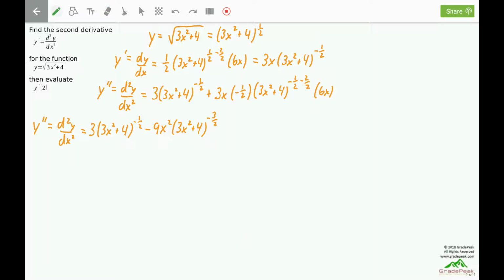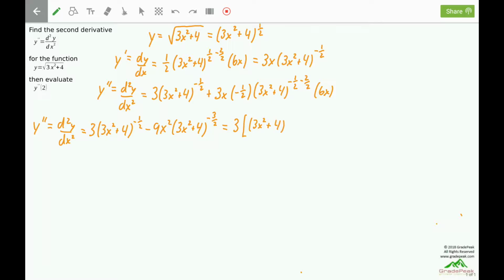Now one option here is to move those negative exponents to the denominator and then find a common denominator. Another option is to factor. And since I already have them in the numerator, I'm just going to factor this now. Either way will work. There's a 3 that will factor out, and we can start with that. So just write the result after factoring just the 3 out.